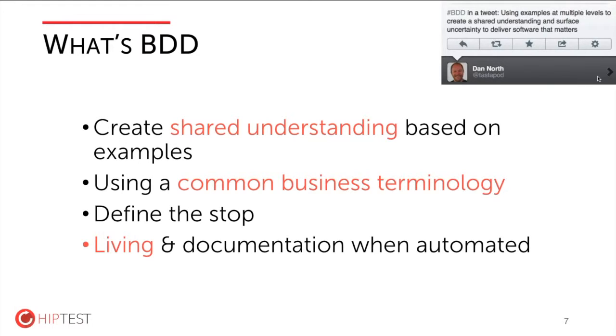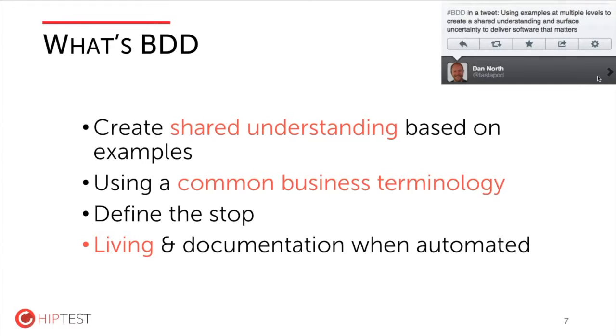So one or multiple examples for a feature. We then refine this feature into scenarios. So we use a common business terminology that we call action words in Hiptest to create this scenario. And you will see, or maybe you already have experienced that with the autocomplete feature and with the refactoring features that enables you to create all your scenarios using a consistent business terminology.